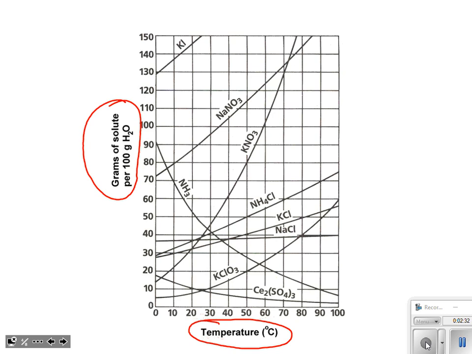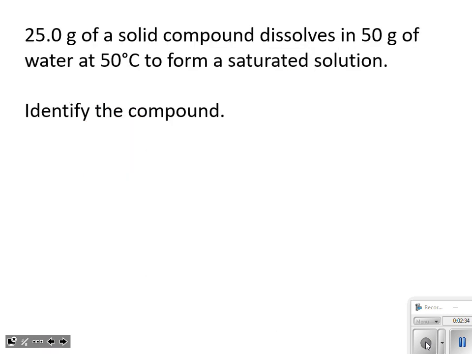Now, I go back and I say, okay, I only have 50 grams of water, don't I? Well, my chart is based on 100 grams, correct? So I'm going to double that. So 100 grams of water at 50 degrees Celsius.